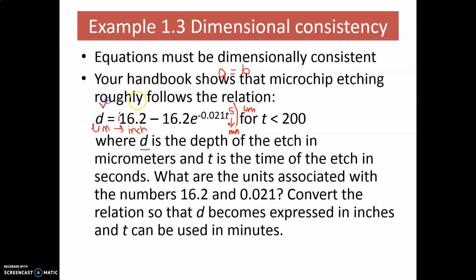The same unit here will be having the same unit here. So here the issue is here is already in micrometer, and then the question asks to change to inch. So what will happen to all these figures and numbers? And then to add it up, this t is in minute instead of second. So I'm going to show you how to do it.